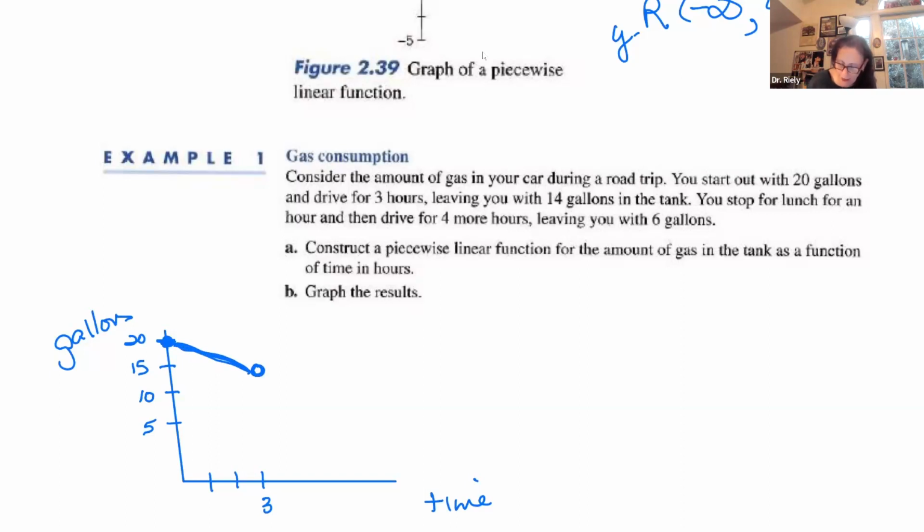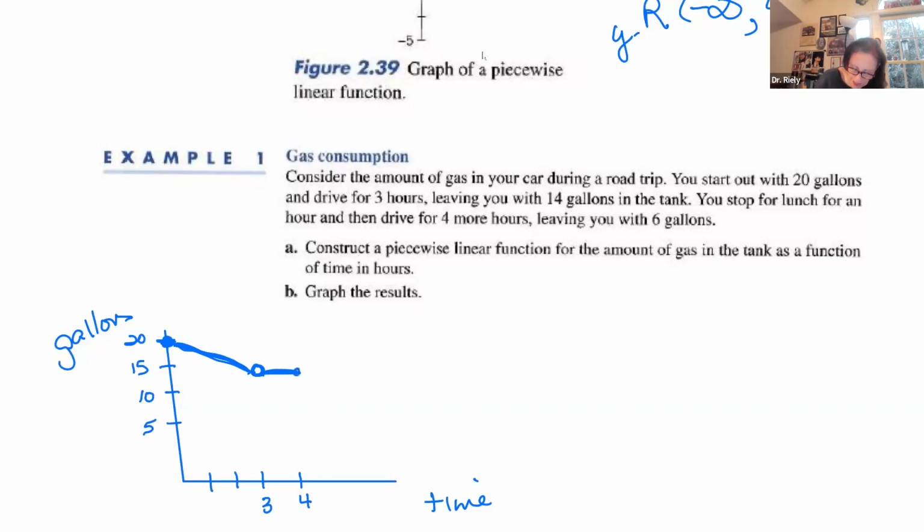So then they go on and they say you stop for lunch for an hour. So I think this is kind of interesting because time passes, but you're not going to have any evaporation in your tank. So therefore, you just have a straight line for that 1 hour. So then you're going to start to drive again for 4 more hours after you've had that lunch.